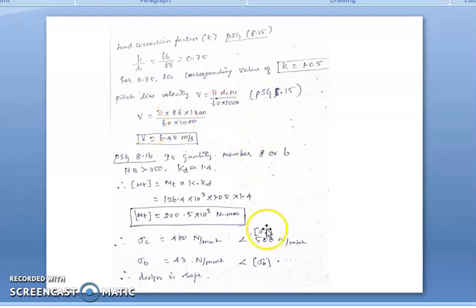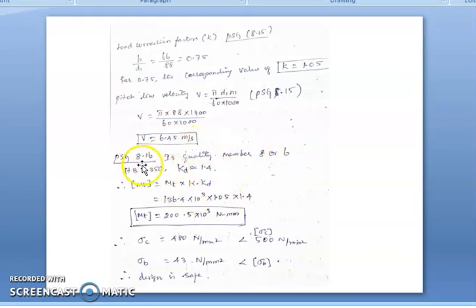Similarly, for KD we need to calculate the pitch line velocity. We know the formula for pitch line velocity: V is equal to pi d1 n1 by 60 into 1000. Using this formula, we get 6.45 meter per second.